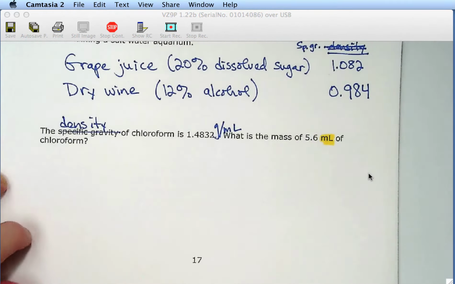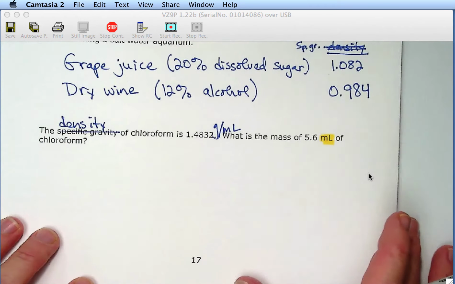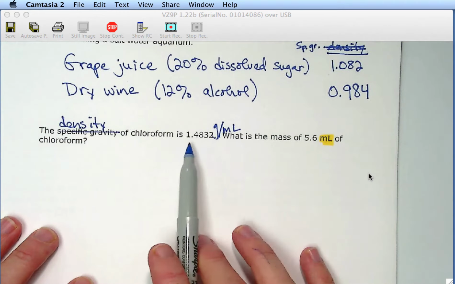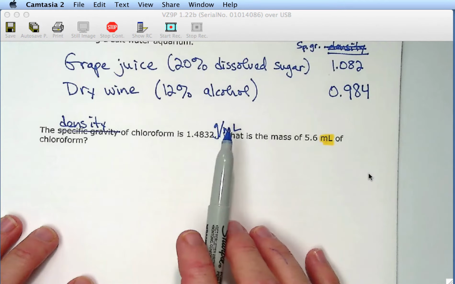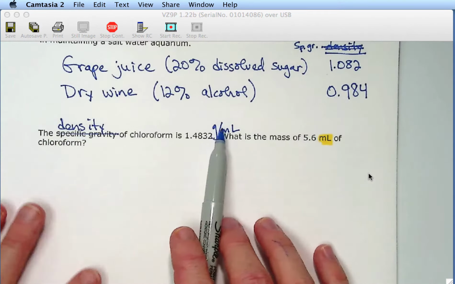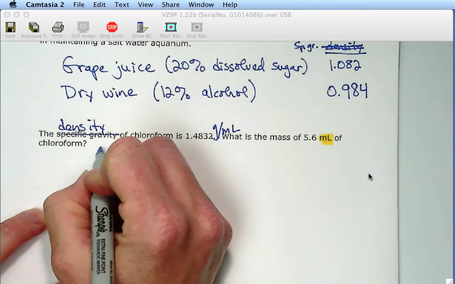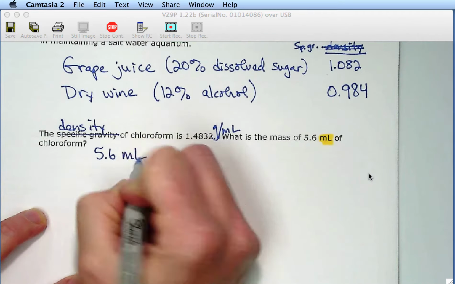If you want to, you can go ahead and do the density triangle, or you can do the conversion method. Either way, you will come up with the same answer. You'll be doing the same mathematical process. I'll do it both ways. 5.6 milliliters over 1.